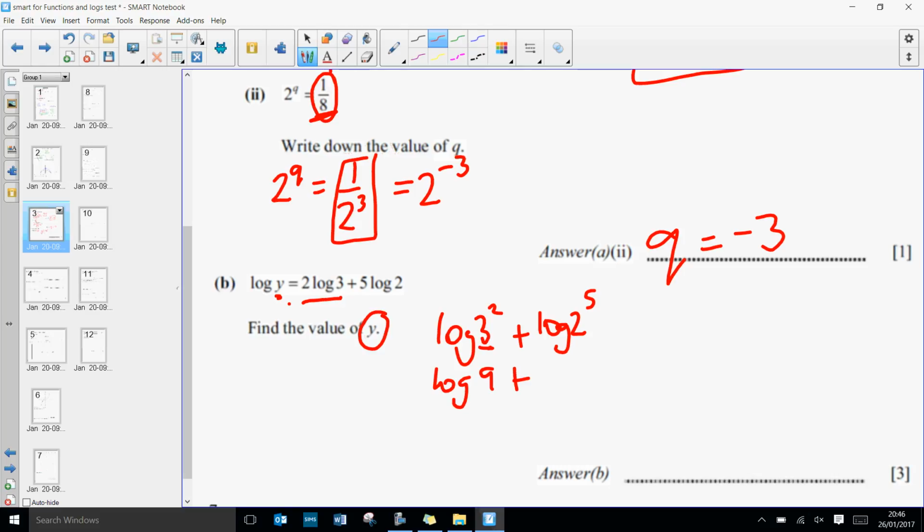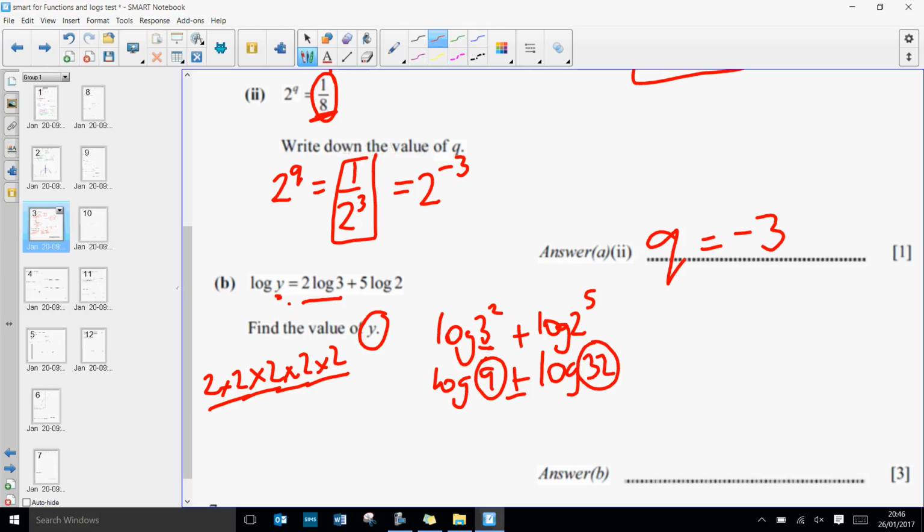Again, if you're not sure, it's non-calc, so 2 times 2 times 2 times 2 times 2. 2 times 2 is 4, times 2 is 8, times 2 is 16, times 2 is 32. So we've got log 32. Here we have 2 log statements added together, which means that we would multiply these values.